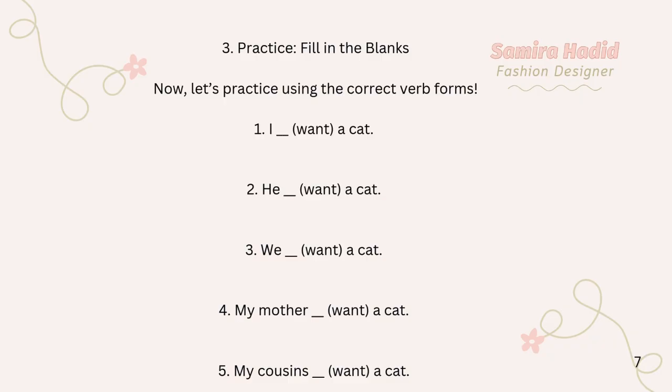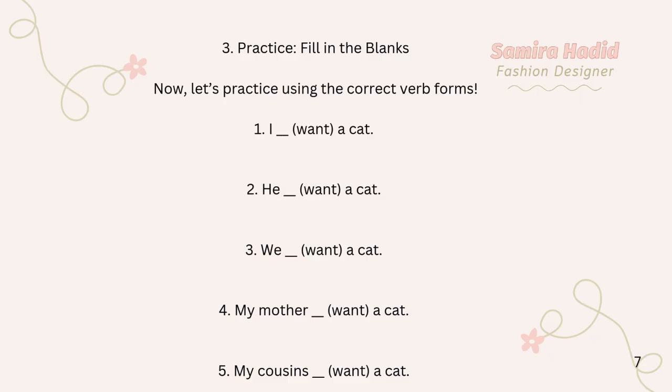The next one is he is happy. Is is used with he or she or it. Example sentence: my parents are at home. Plural subject, so we add are.